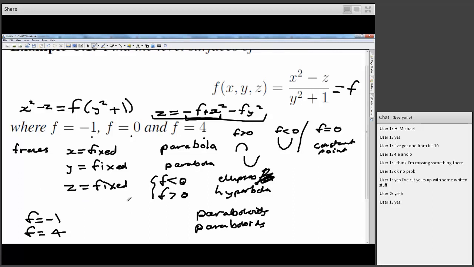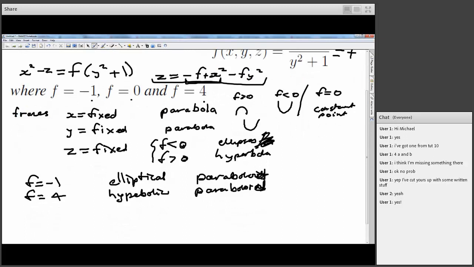And so if f is negative, like f equals minus 1, you're going to get an elliptical paraboloid, or actually more correctly a circular paraboloid in this particular case, but elliptical is fine. If f is positive, the other traces are hyperbolas, so we're going to a hyperbolic paraboloid. So that's the way of working out quadric surfaces.